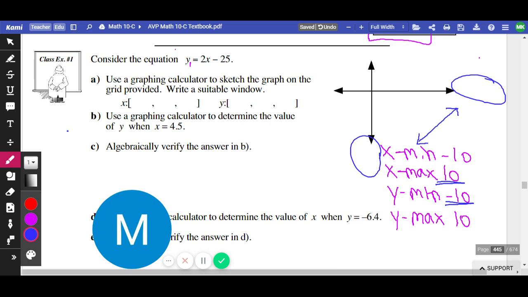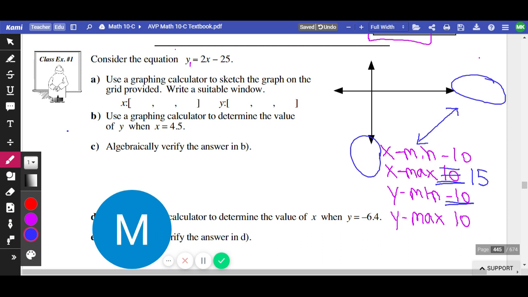X maximum. I think we had to go quite a ways out there, to be honest. So I'm going to say for X maximum, let's put 15. So change this to be 15. I've now stretched my graph further right. My Y minimum. Again, I think I'm going to have to go way down, right?